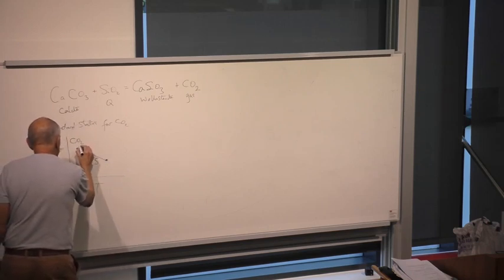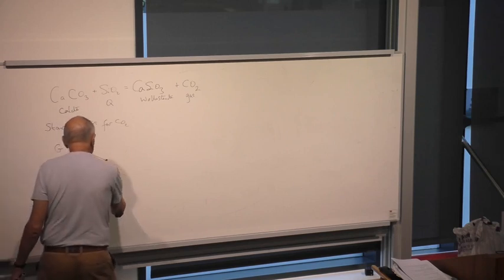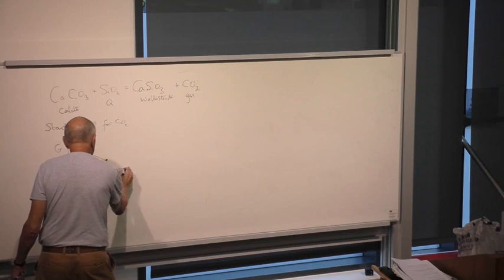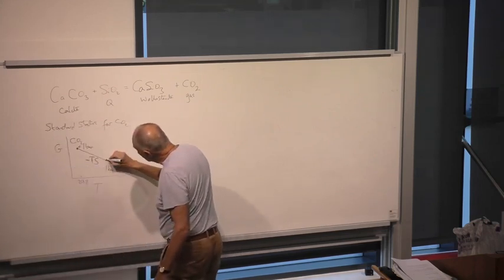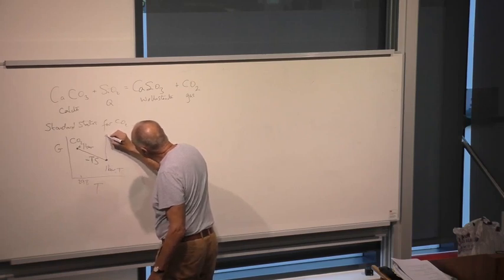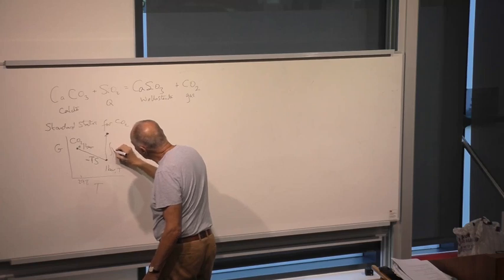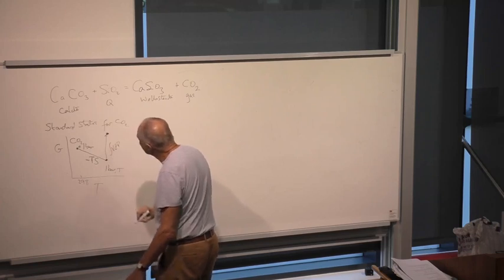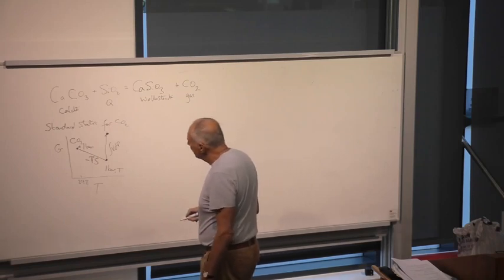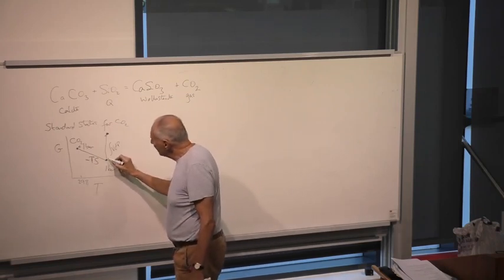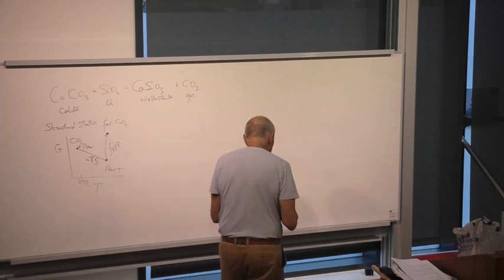So this will be the free energy at 1 bar and some temperature T. And then we compress it. We take the free energy up. And that is the integral of VdP. Okay? So this is the free energy at 1 bar and T, that's the free energy at P bars and T of pure CO2.